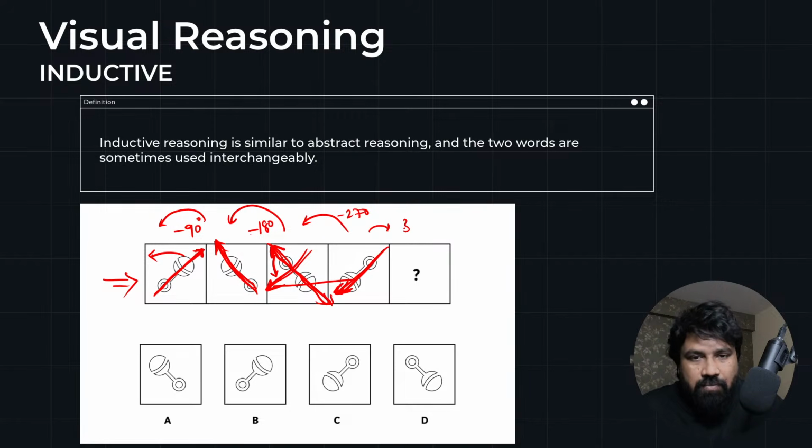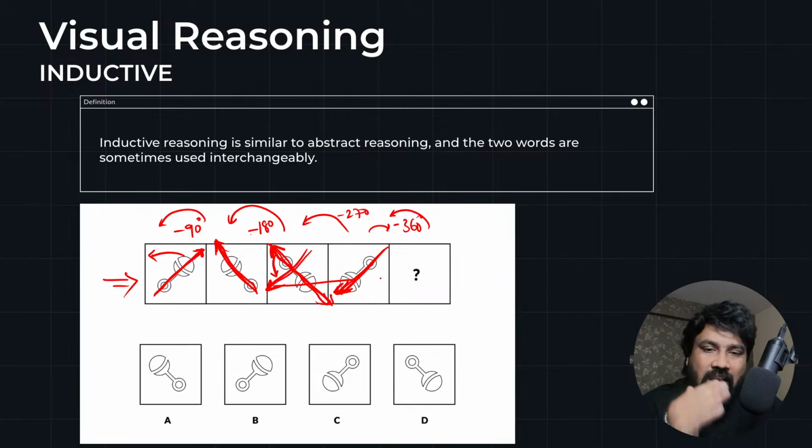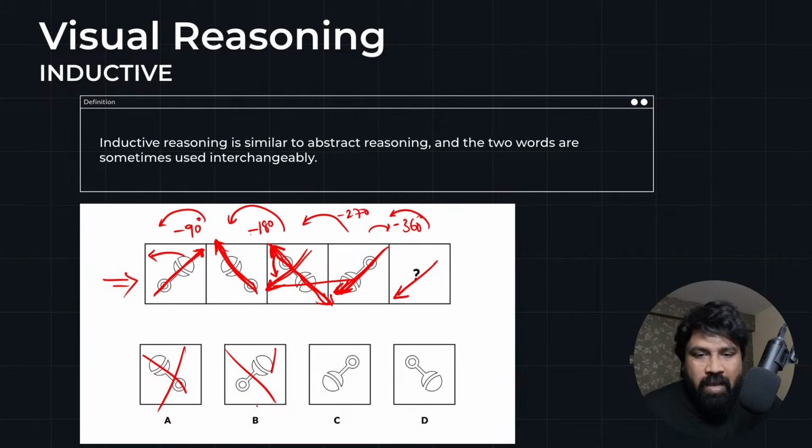So next will be 360 degrees anti-clockwise. Whether 360 degrees is a clockwise or anti-clockwise shift, the picture reflects the same direction. So A, B, D got eliminated. So C will be the answer. Same direction. 0 degrees or 360 degrees is the same.